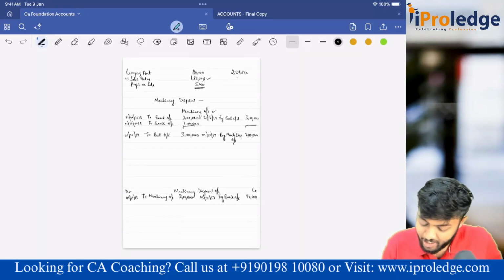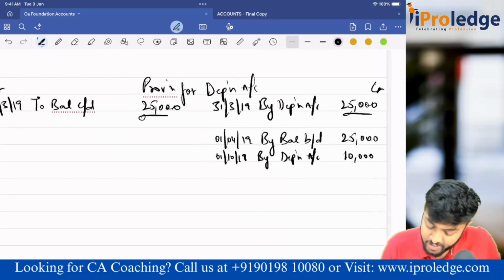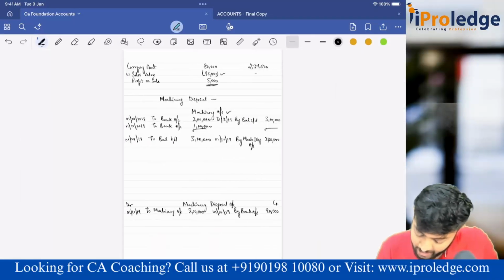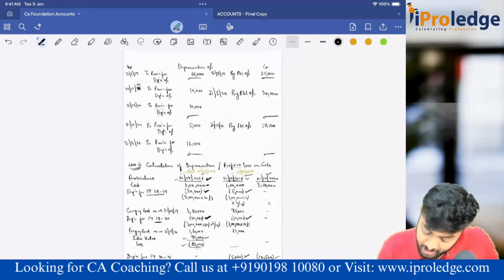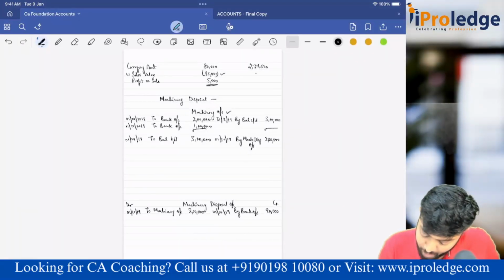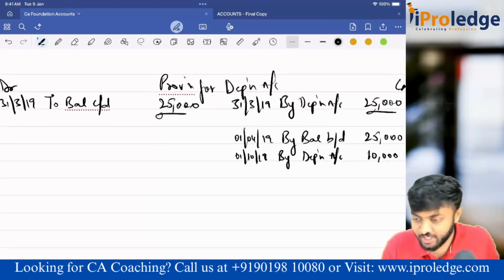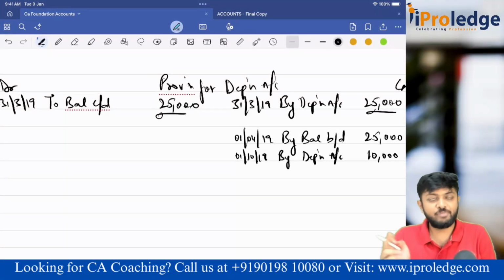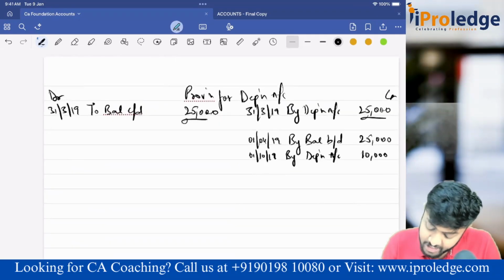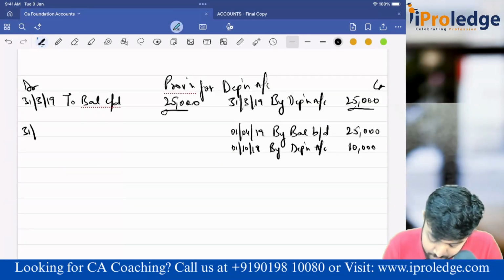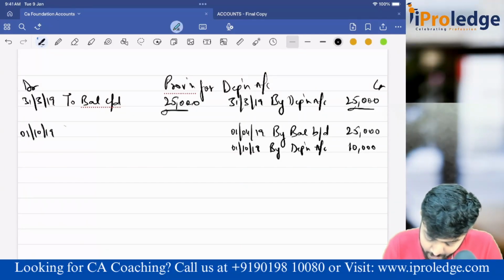Then the depreciation component is there in provision for depreciation. Sir, how much? Easily. Till date, how much depreciation you have given? 20 plus 10. So 30 I have given. 30 you transfer from provision for depreciation. 30 is the accumulated depreciation with respect to that first asset which we are selling now. That you transfer to machinery disposal. 1/10/19 to machinery disposal account.